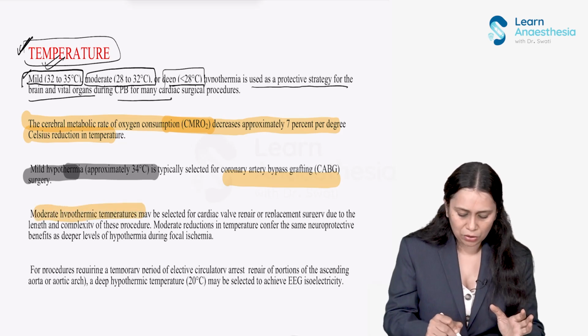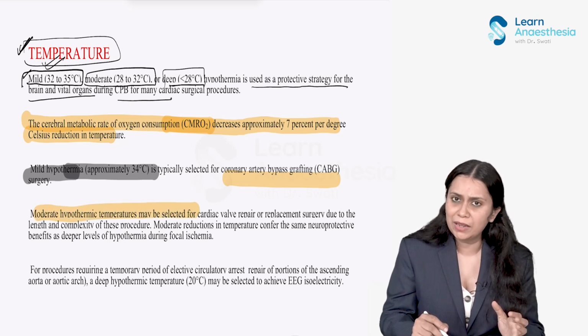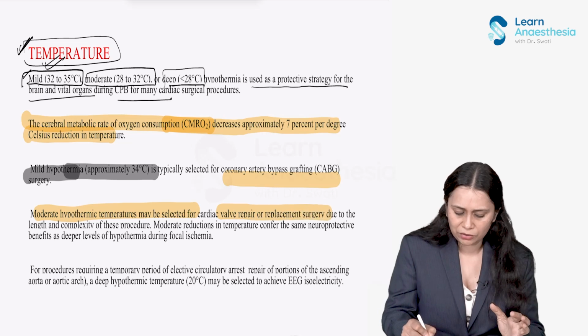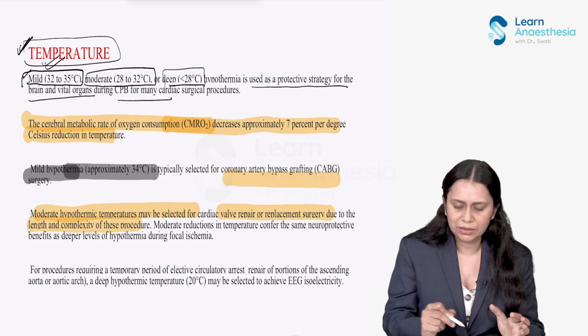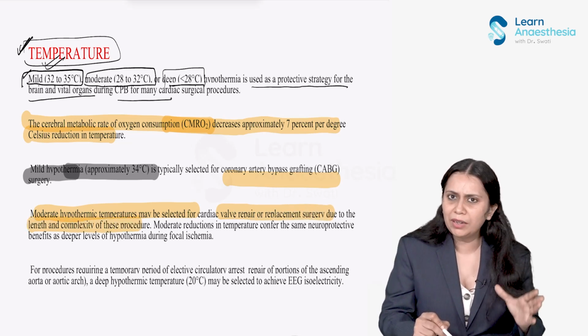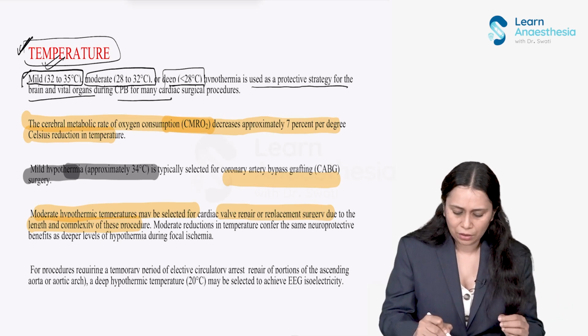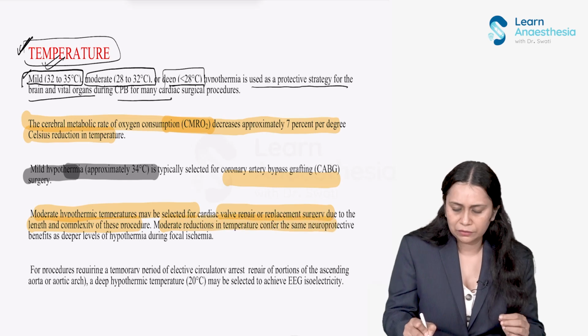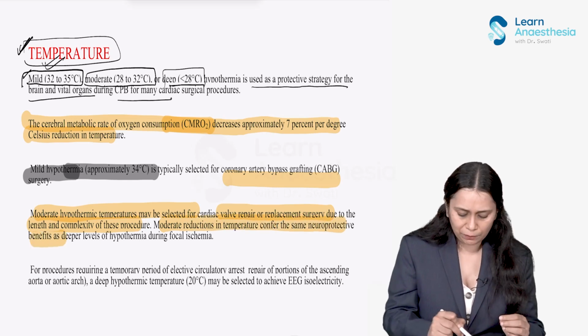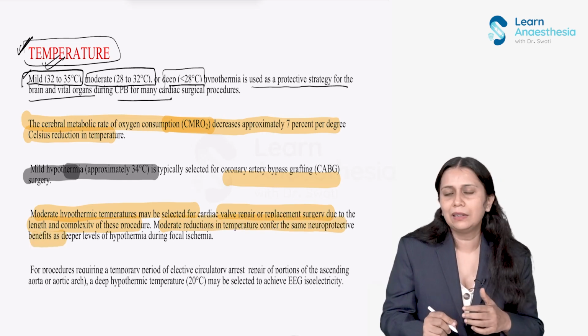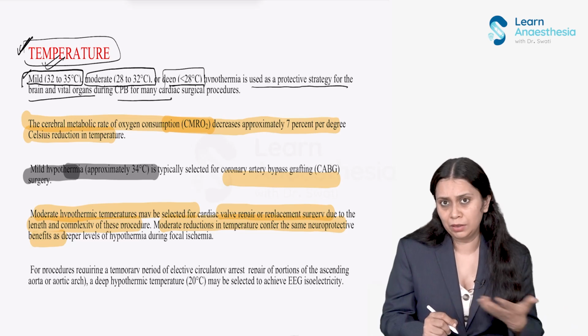Then moderate hypothermia is selected for cardiac valve repair surgery due to the length and complexity of these procedures. And a moderate reduction of core temperature would have its cardioprotective and neuroprotective effect. So this reduction in core temperature would confer some neuroprotective benefits, right, as the deep hypothermia gives.